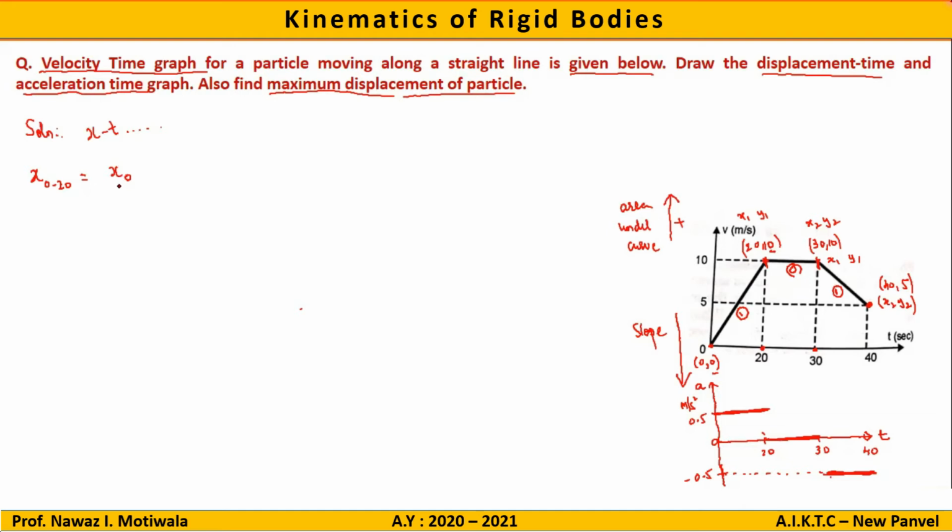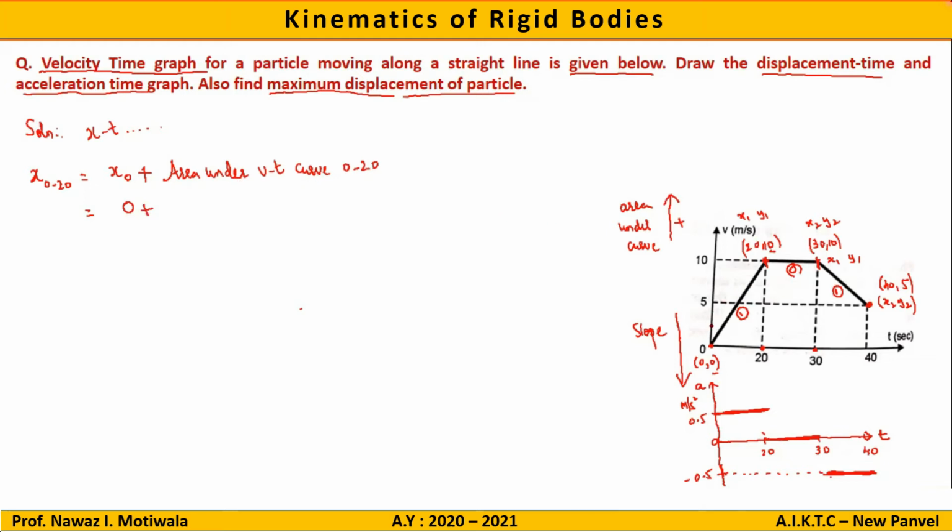So this x0 is nothing but the initial displacement plus area under the VT curve for 0 to 20 seconds. As x0 is 0 because no initial displacement is given, I will write here 0 plus area under the VT curve between 0 to 20.